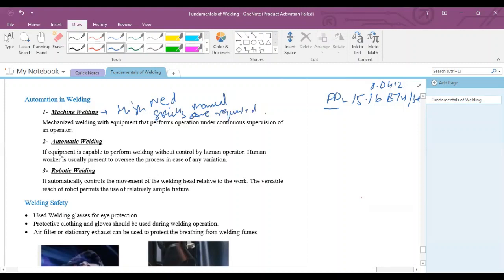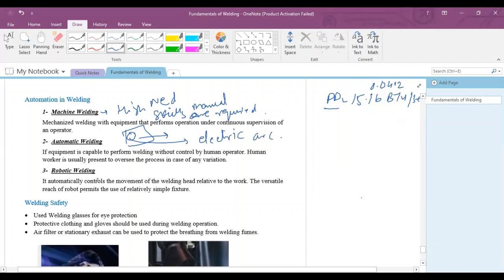In automatic welding, there is a machine with a regulator, and through this regulator you can control the electric arc.